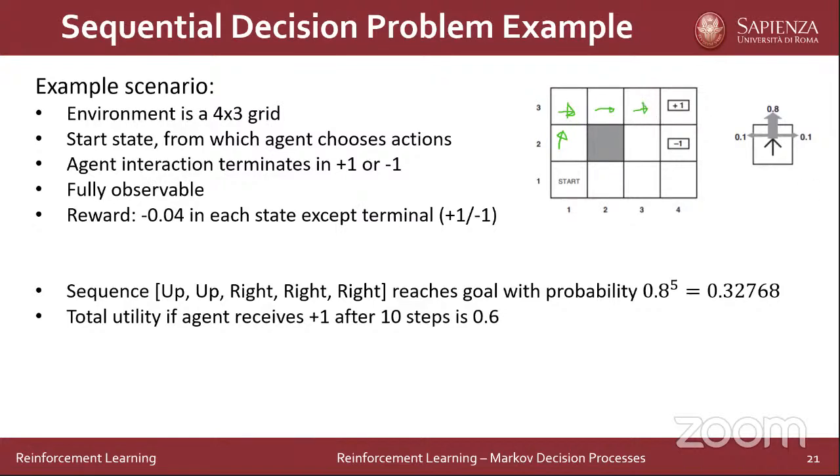What do you think is the answer to this question, for the people in class at least? It's not a policy. Why? Because this is a mapping only for these states to an action. It's not a mapping for all the states to an action. So it's not a policy.